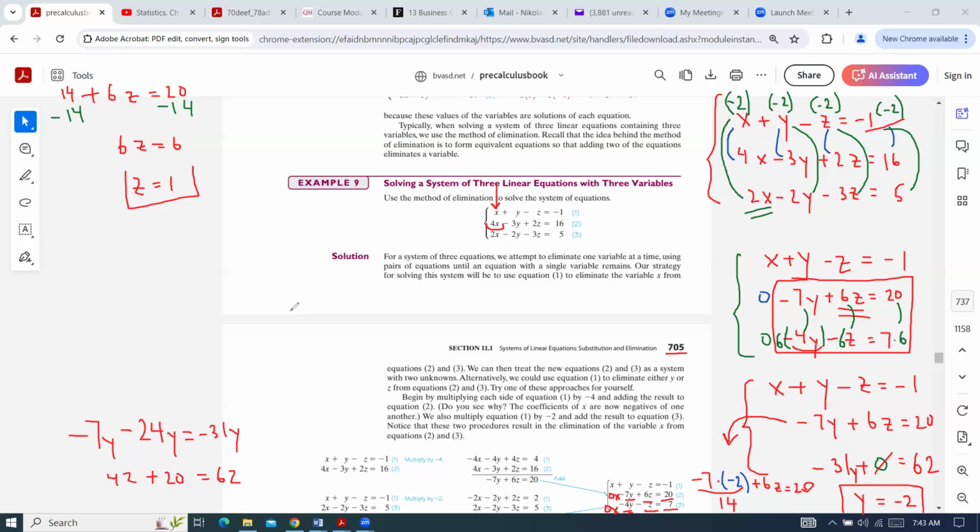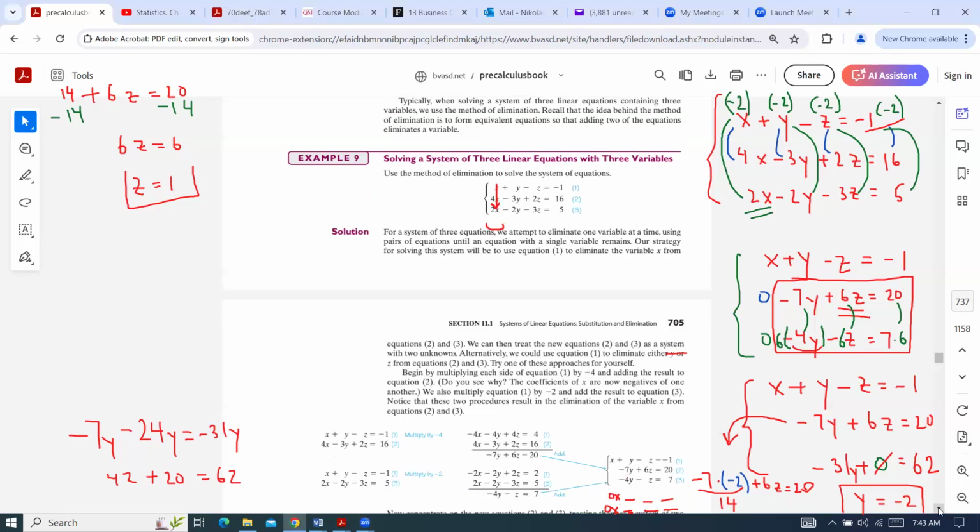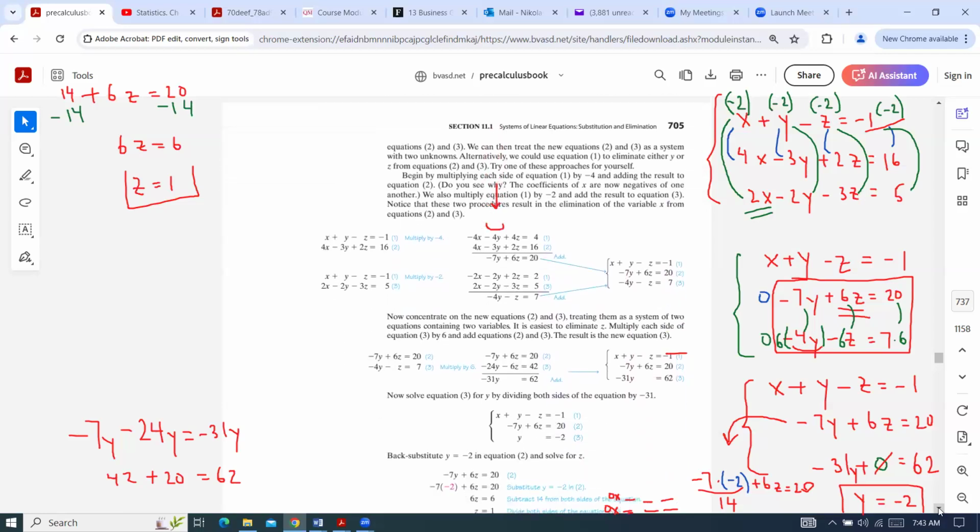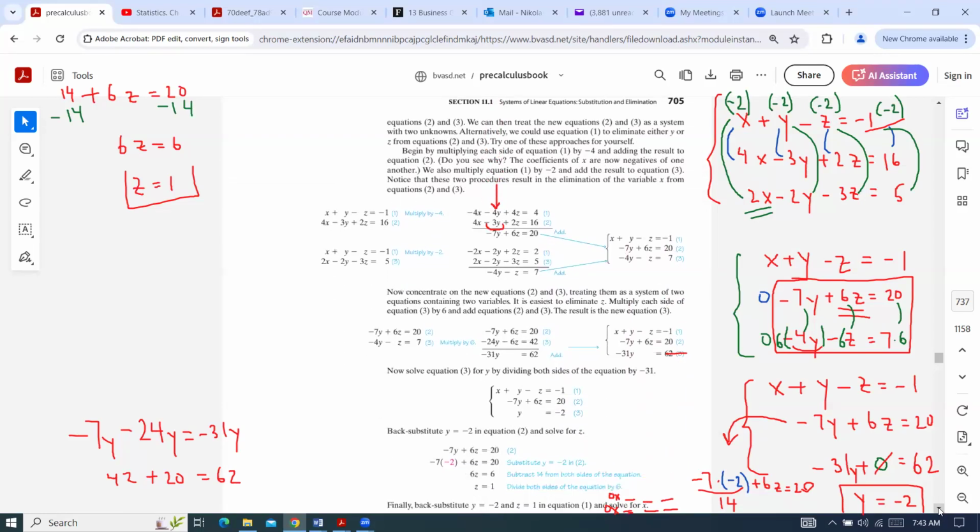And then finally, we need to find letter x, and notice that's what they're doing in here eventually. So they found here y is equal to negative 2. They found that z is equal to 1. And now they're going to take this very first equation. So it's x plus y minus z is negative 1. And then go ahead and replace.